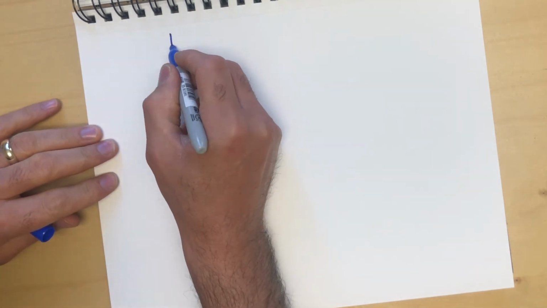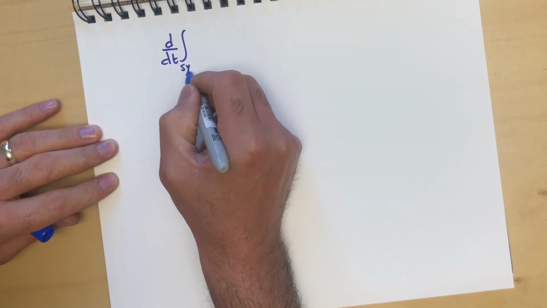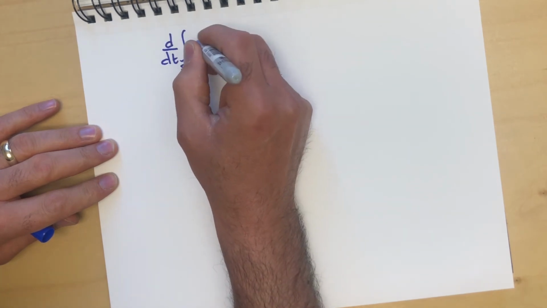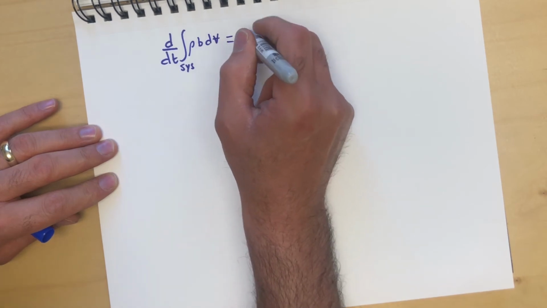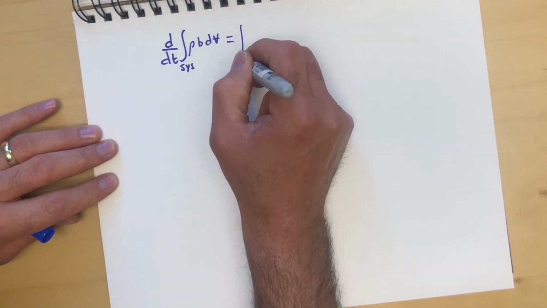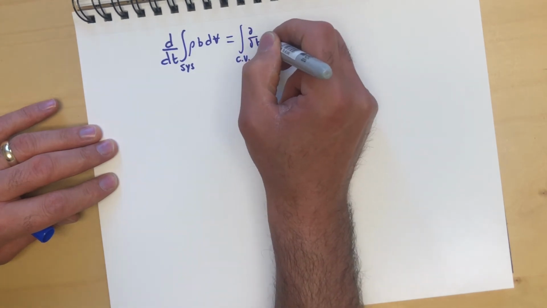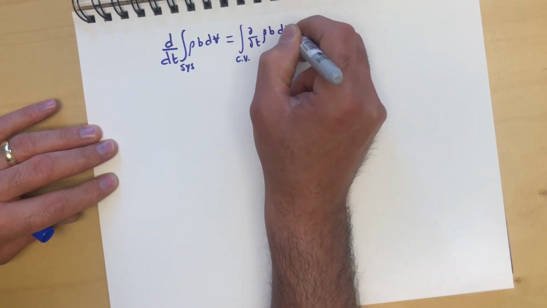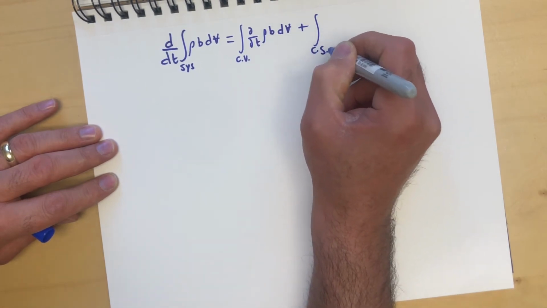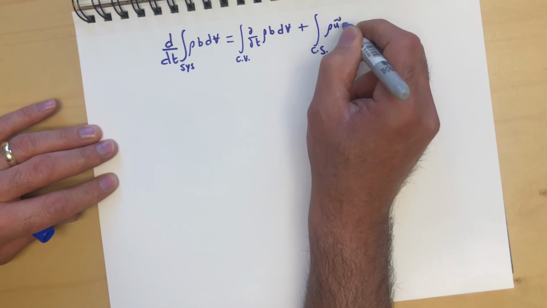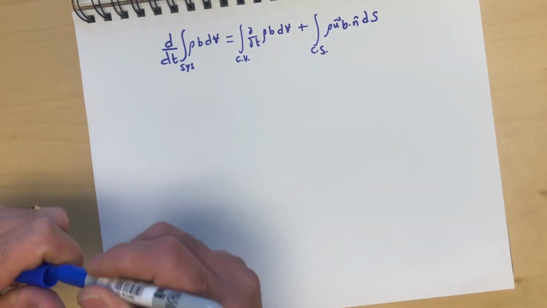So we had d by dt of the integral over the system volume of some rho b dv, and then we expressed that in terms of a fixed control volume, d by dt of the integral of rho b dv, plus the integral over the control surface of rho u b dot n ds.